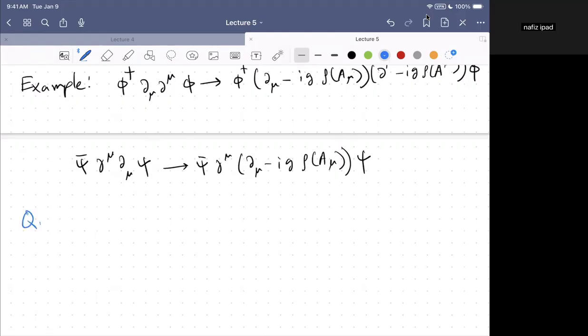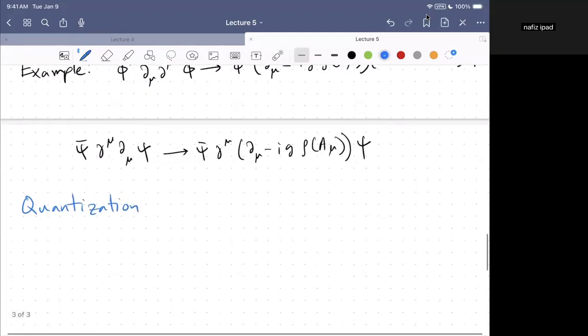But then, in order to do the quantization of this gauge field, first we have to add a kinetic term for the gauge field.